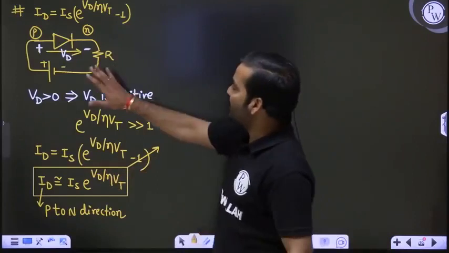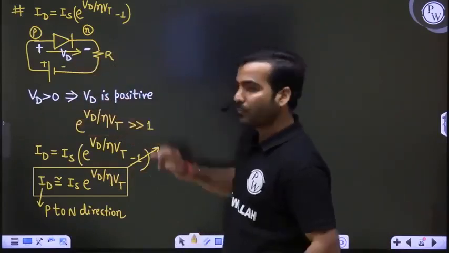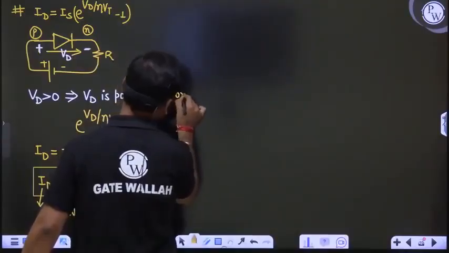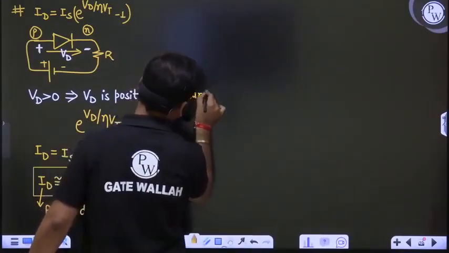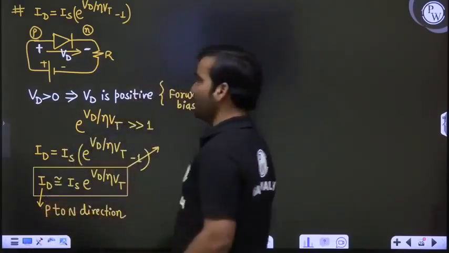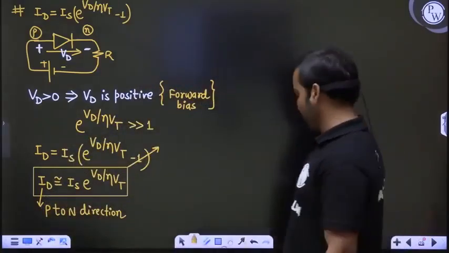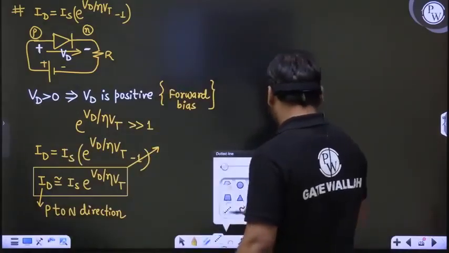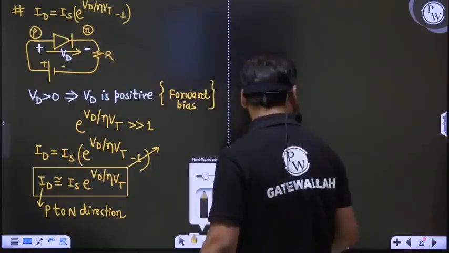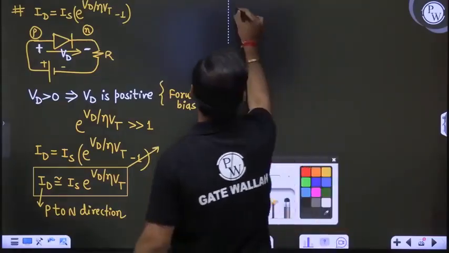Now, what is happening when Vd is positive? This is known as forward bias, and forward bias is also known as the diode being on. The counterpart, the reverse of this, is the second case.